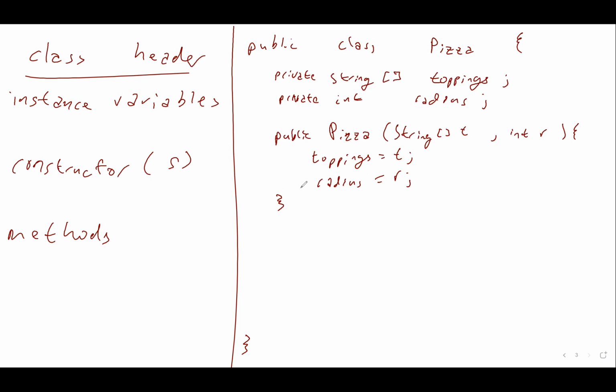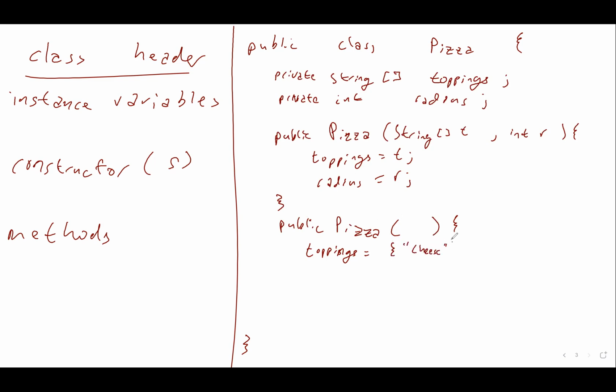Let's even make a default constructor. So public Pizza. If I'm making a default constructor, I need no parameters to be passed. So let's say our toppings list is just cheese.